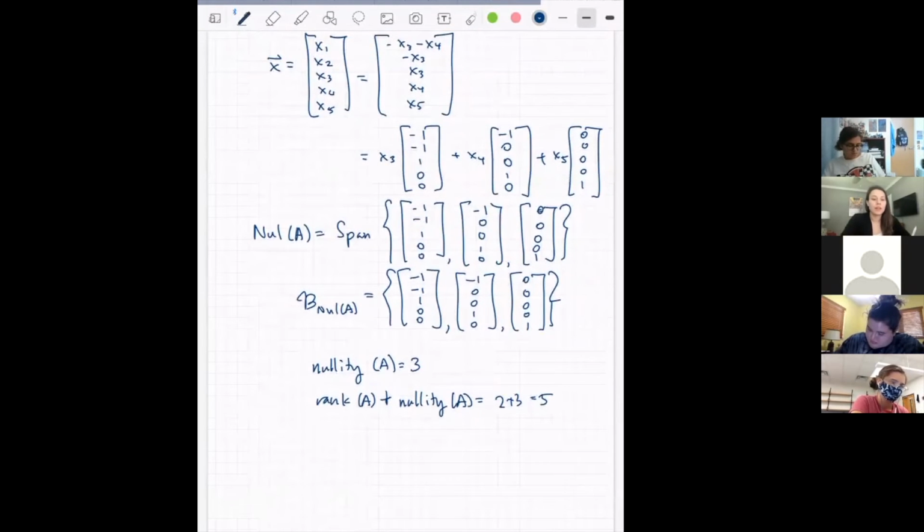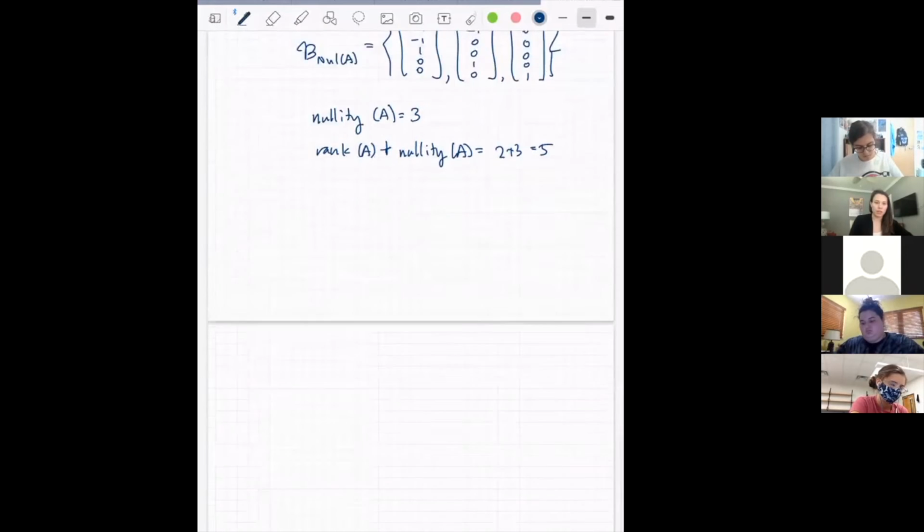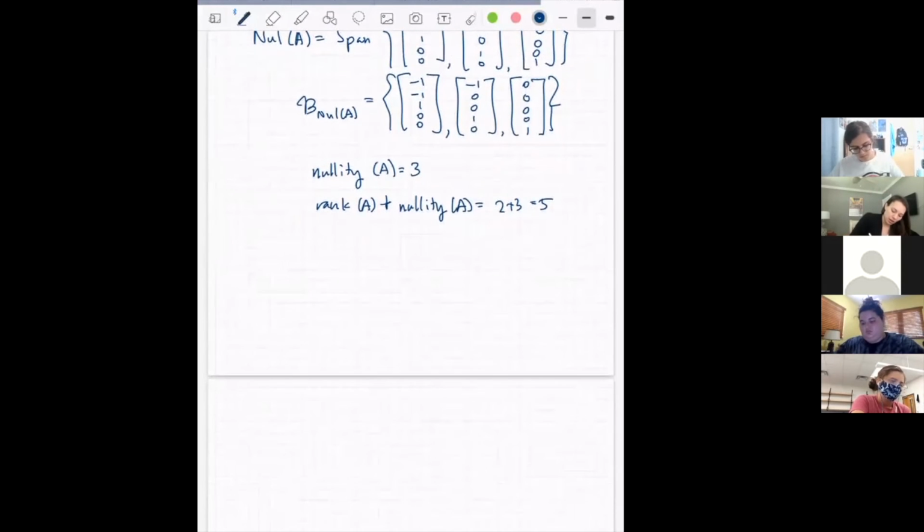Okay. So we have some things that we can add to the invertible matrix theorem. So we're going to go ahead and do that now. And these are just going to be statements involving the rank and nullity, right?